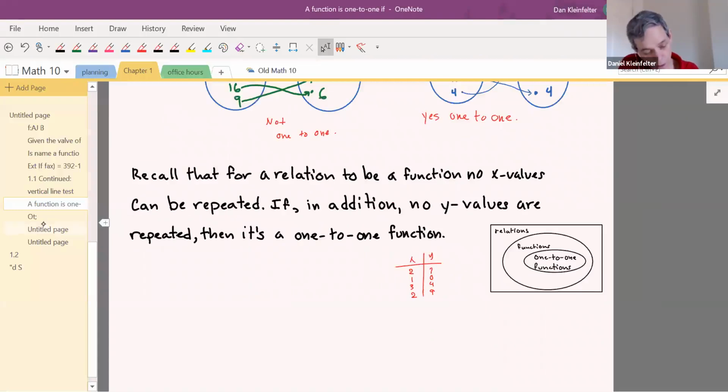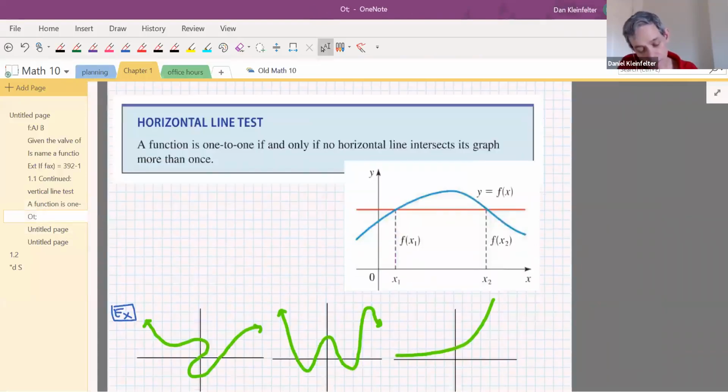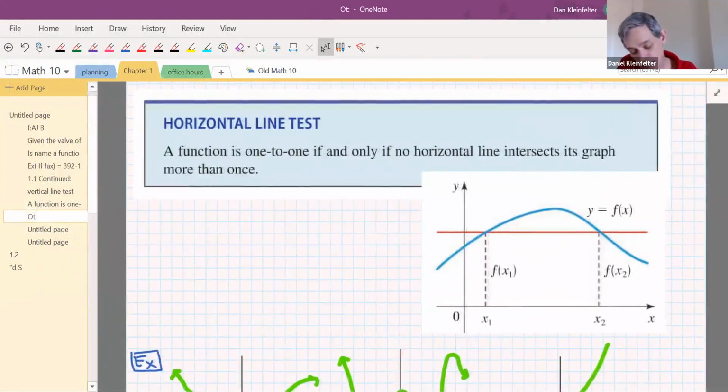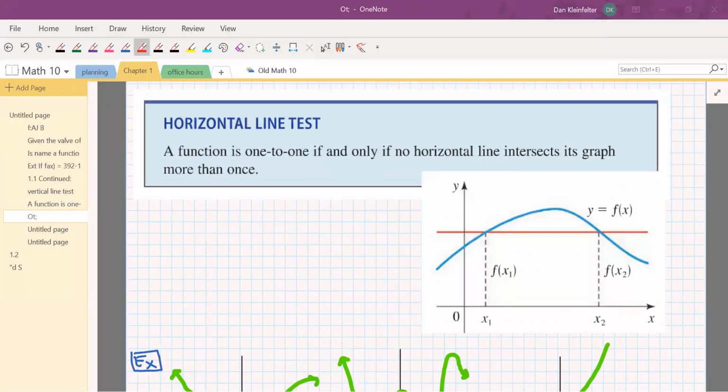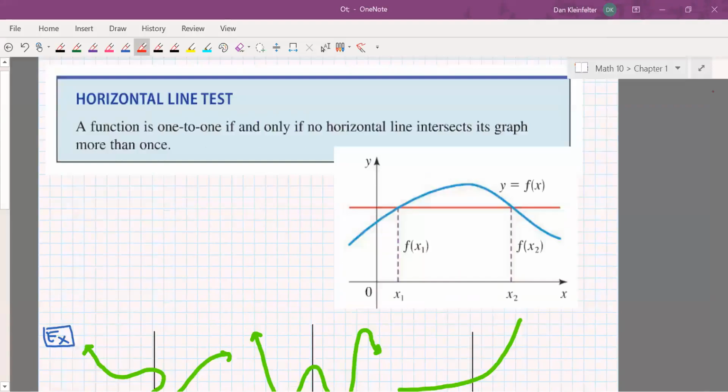All right, so we are almost done with this. Like we had a vertical line test to tell if a graph was a graph of a function or not, we have a horizontal line test to tell us if we're dealing with a graph of a one-to-one function. For a one-to-one function, y values can't be repeated, right? So if you have a graph here shown in blue, if we have this red line, that is basically like saying, okay, well, we're specifying a value of y.